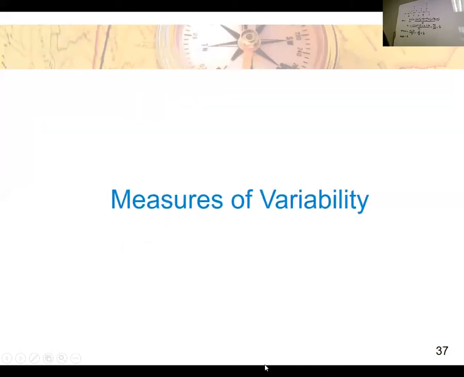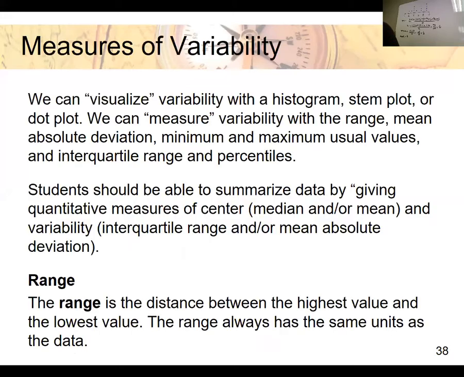Okay. Next, we're going to look at measures of variation, or what they call measures of variability. That's how the data values vary or how they spread. Okay. Now, variability can be visualized by using what they call a histogram or a stem plot or the dot plot that we just used.